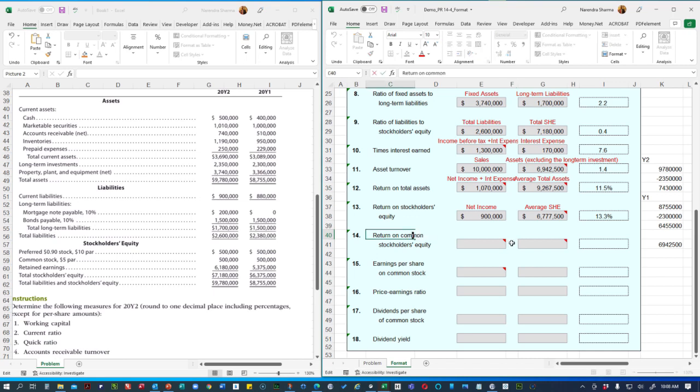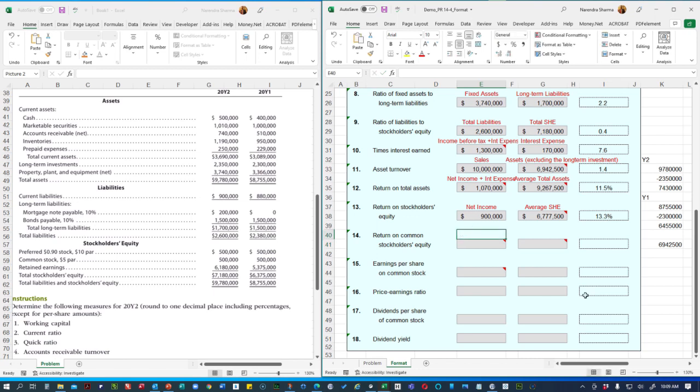Now we are going to go to the next one. Next one is return on common stockholders' equity. Sometimes we have a preferred stockholder, so we will have to take that off.